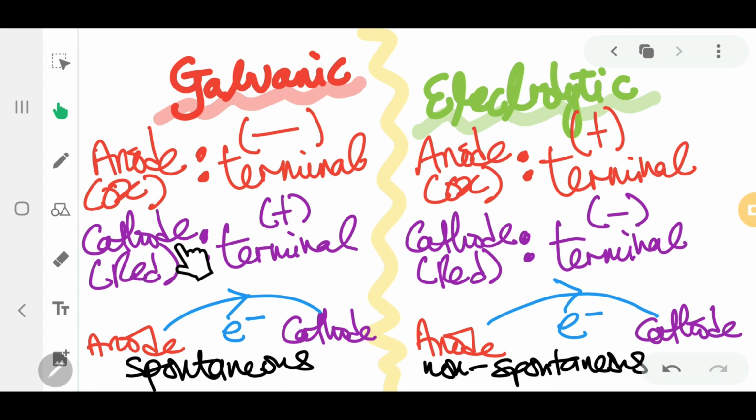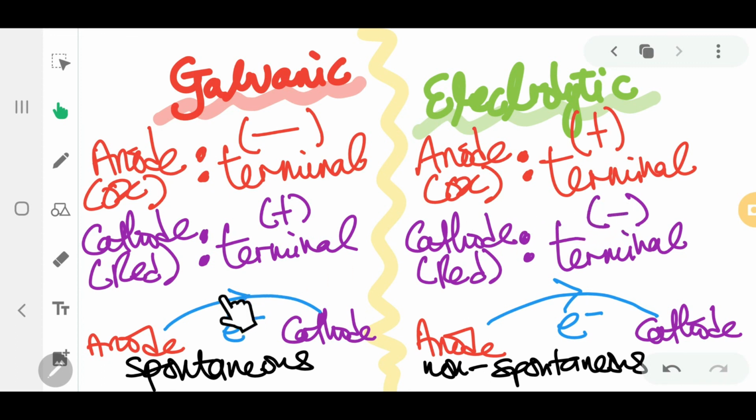The cathode is the positive terminal for galvanic and the negative terminal for electrolytic. To remember this, just recall what you learned in galvanic: the cathode is the positive terminal, and automatically the anode is the negative terminal. Then you just switch that around for electrolytic, and you have anode positive, cathode negative. So that is one tip.